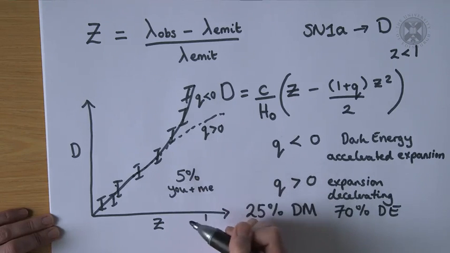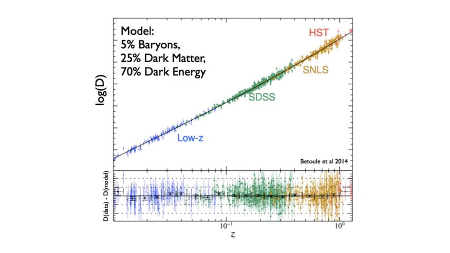Only 5% of the universe is made up of the stuff that we're made up of. The results you can see here are the most up-to-date data of supernova 1A, and it was observations a bit like this that resulted in a Nobel Prize for Physics back in 2011. There were two teams that painstakingly discovered supernova 1A, measured their redshifts and distances, and used that data to infer that the expansion of our universe is accelerating.